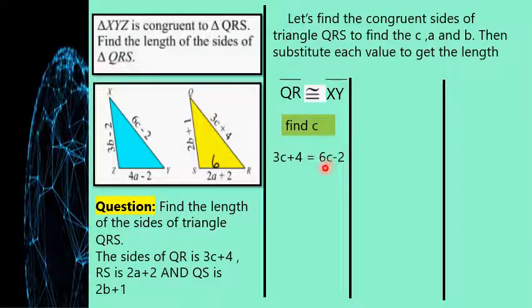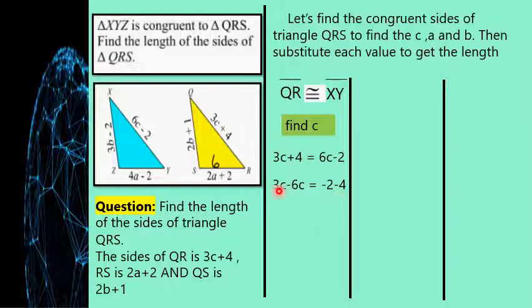So 6c must be transferred to this one. So we're going to transpose, or when we say using an equality, we need to use the subtraction property of equality. So let's have 3c minus 6c; this positive becomes negative. And then also positive here, when you transpose or use the subtraction property, it becomes negative 4.